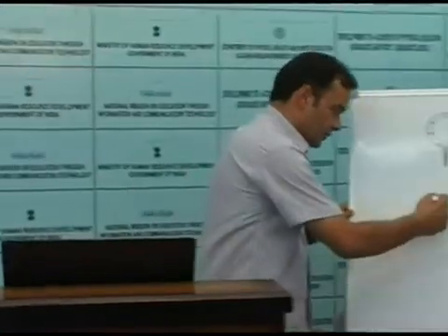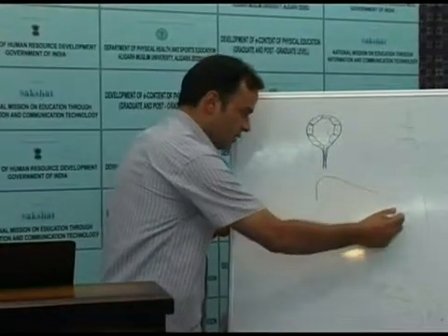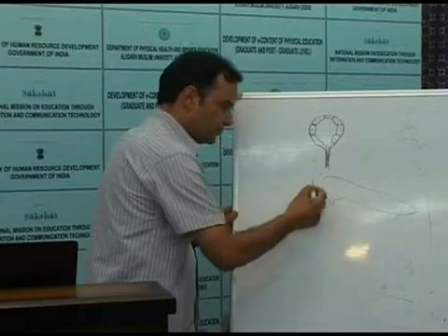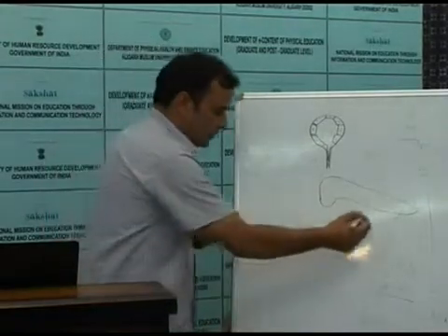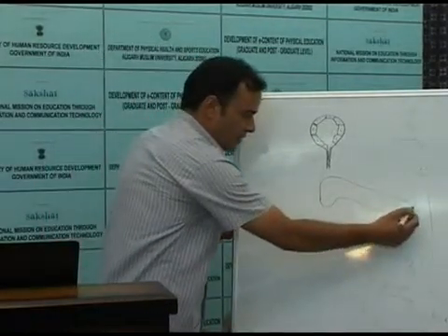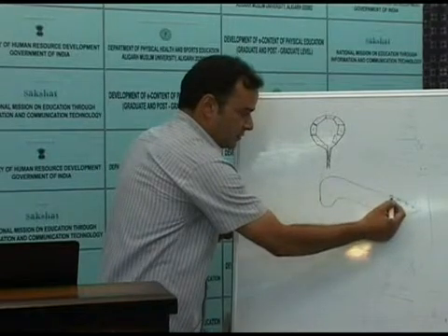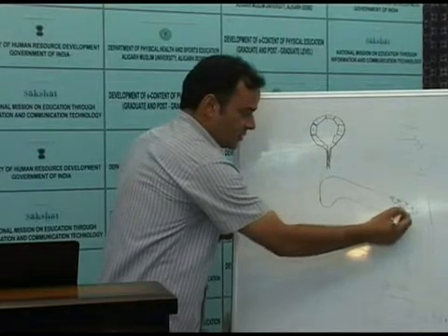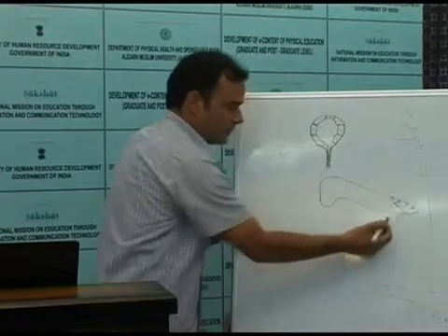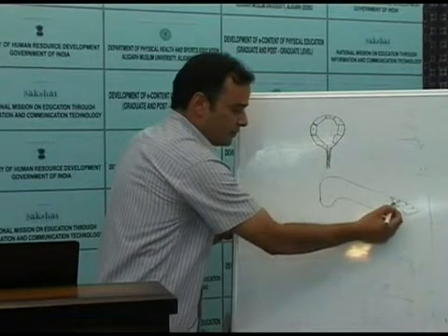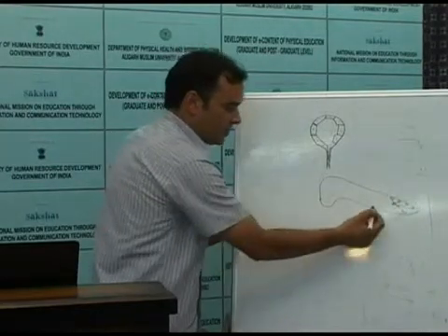Here, I would like to show you that this is the shape of pancreas, and it has many acinus. These acinus have small ducts. These ducts join to form intralobar duct.